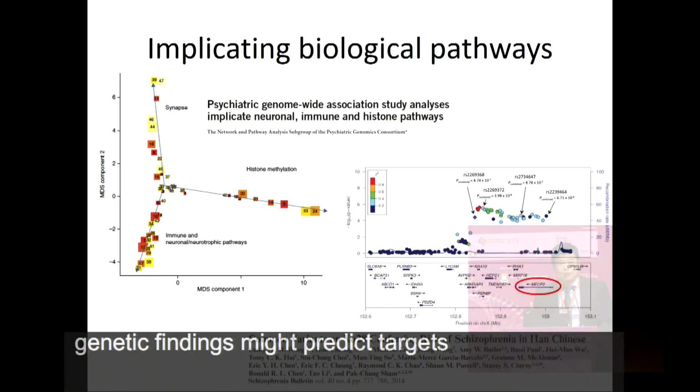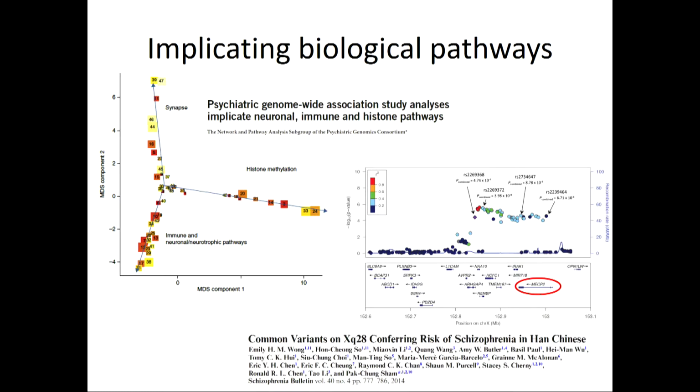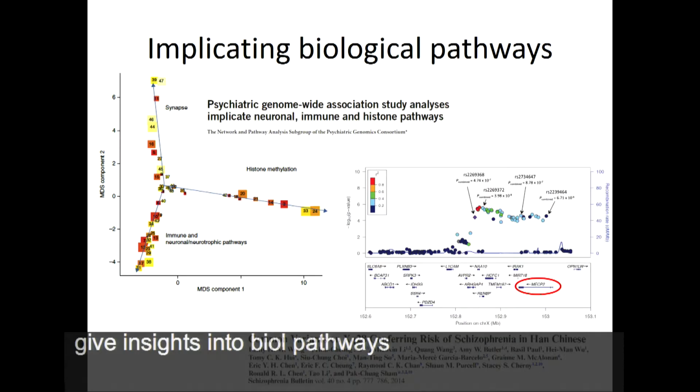And the list of genes produced, when we have tens or hundreds of genes, can give us insights about the biological processes and pathways that are relevant for a disease. And for psychiatric disorders, an analysis of these genome-wide significant variants has implicated the synapse, the immune system and histone methylation as important pathways for mental disorders.